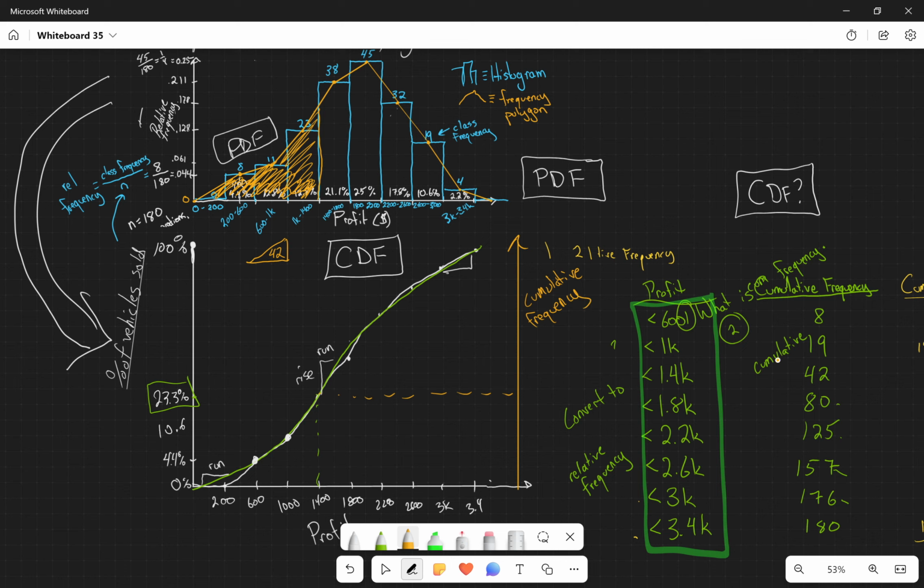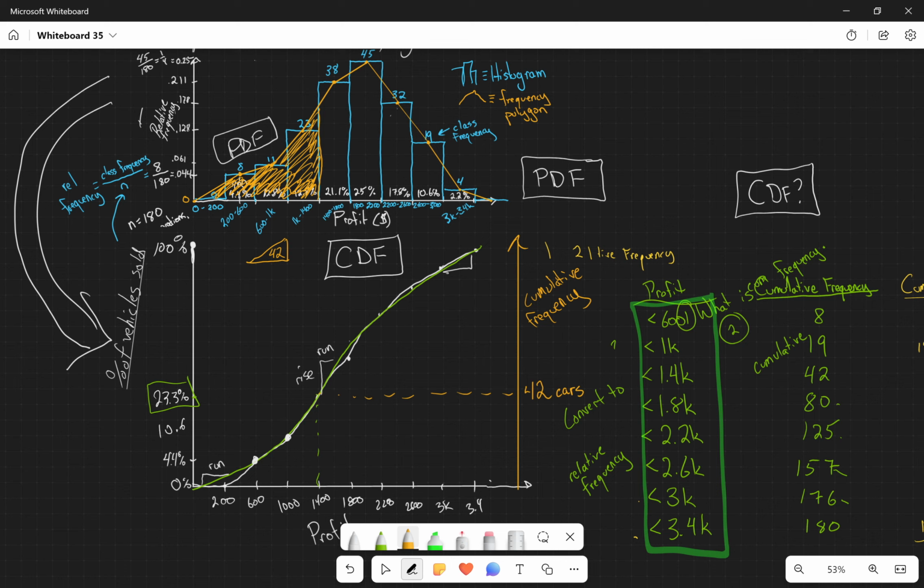We would find that this 42 number, which is the integral, the value under the curve of our probability distribution function, corresponds to the number of cars in the cumulative distribution function.